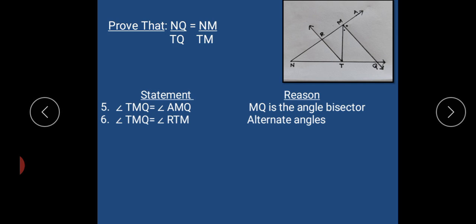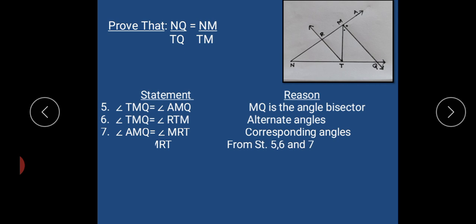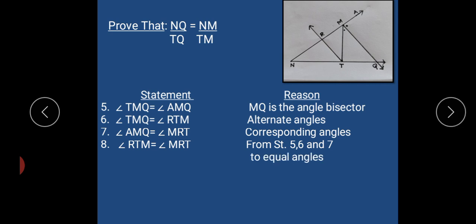Angle TMQ once again is equal to RTM, they are alternate angles. Angle AMQ is equal to angle MRT, because they are corresponding angles. So from these 3 statements, that is 5, 6 and 7, we get the result: angle RTM is equal to MRT, and because of this, RM is equal to TM.